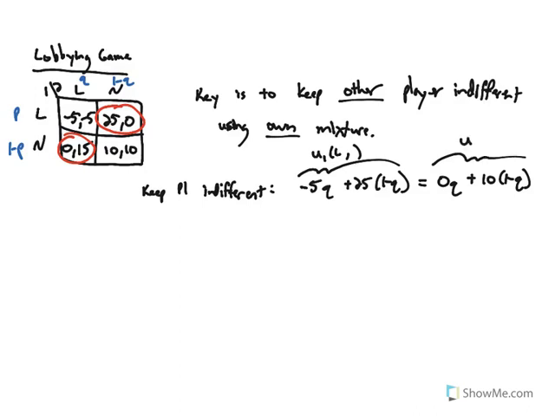And this is the utility to player 1 of playing N, given what the other player is doing in the equilibrium. Okay, so we need the utility of those two pure strategies to be equal to each other.